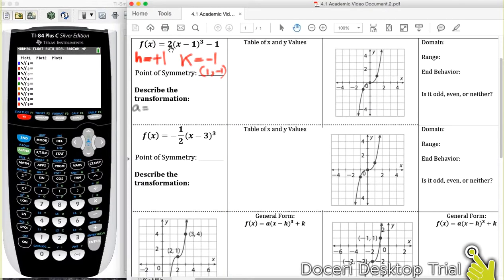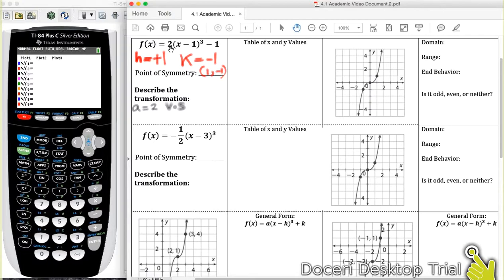Since A is 2, this means that there is a vertical stretch. Remember, when A is greater than 1, that means I have a vertical stretch. If A is less than 1, like half or 1/3 or 0.5, then it would be a vertical compression.